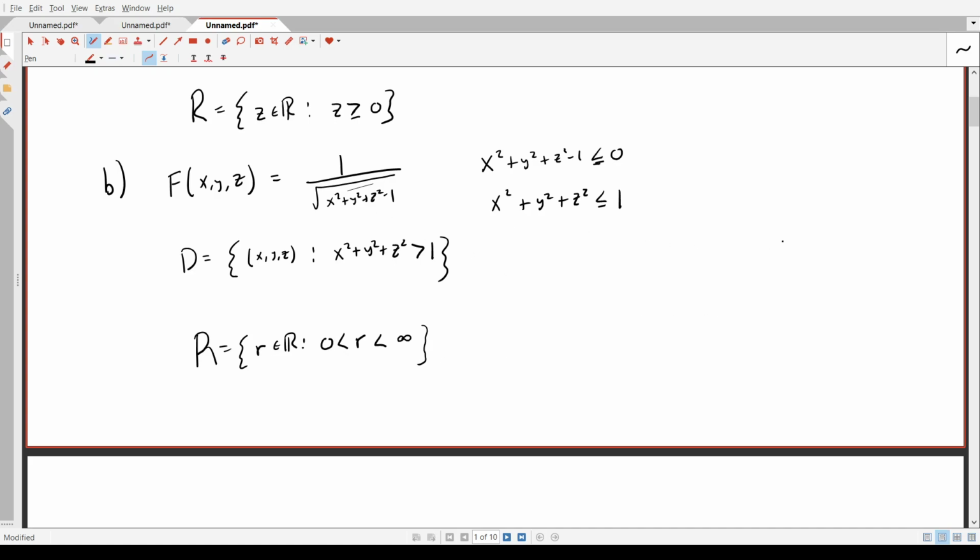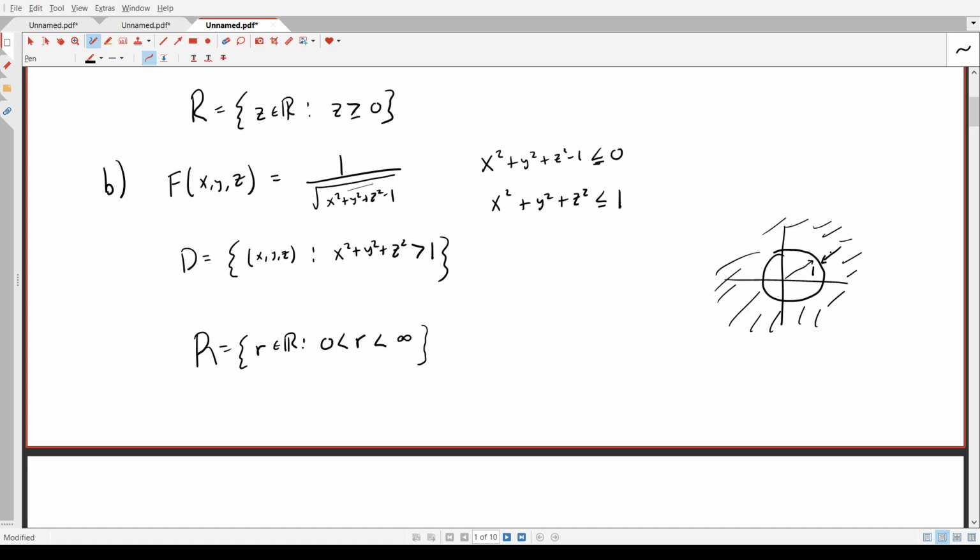So in a 2D sense, my domain is out here, and that has a radius of 1. And as I get close to the edge, it's going to go off to infinity as I get closer and closer to the edge, because I'm getting closer and closer to dividing by 0.